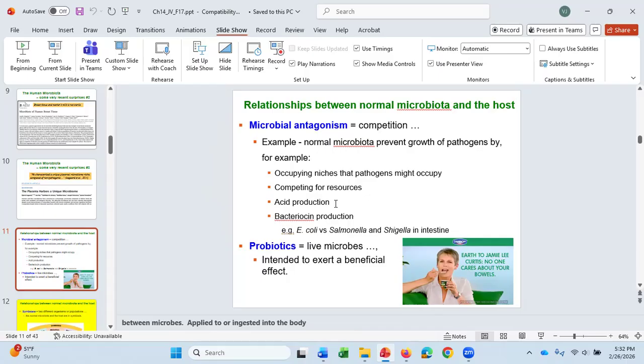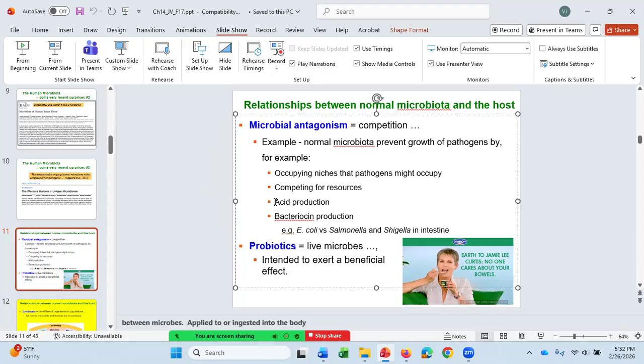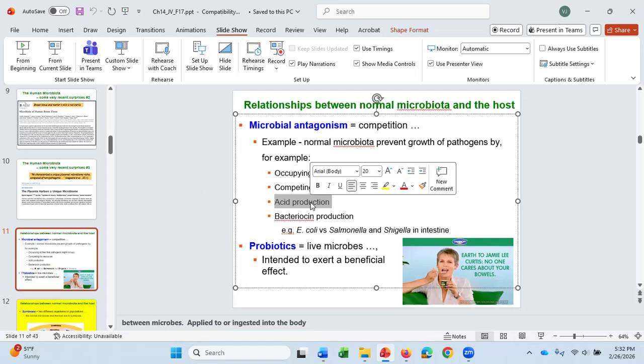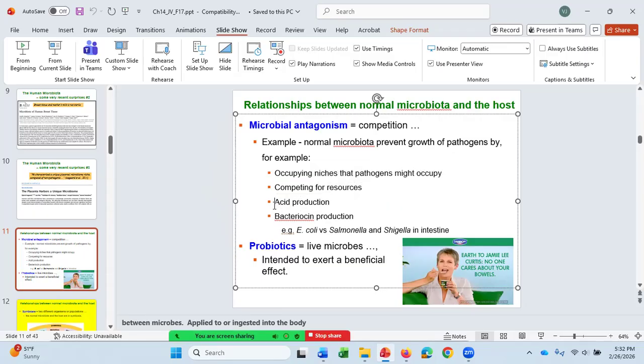Any question about that? And if you don't know, the skin is acid because of our secretions, meaning slightly acidic, but the normal microbiota metabolize the secretions on our skin and make it even more acidic. The same thing in the mouth and in the vagina.